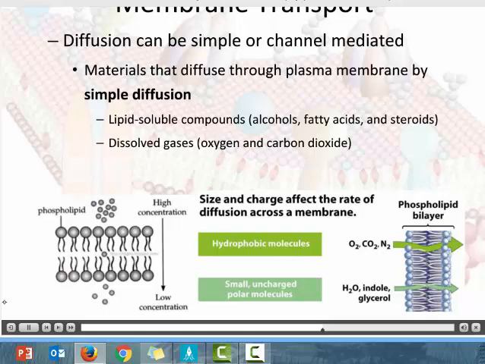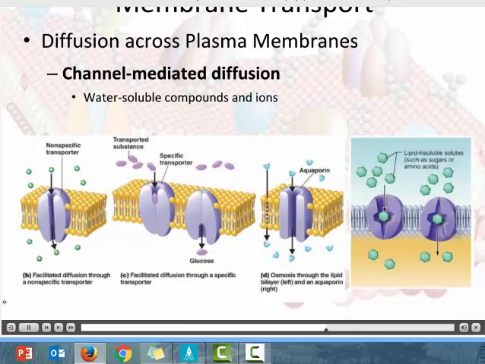So simple diffusion does not require any help to pass across the plasma membrane. Our substances simply move through the middle of our plasma membrane according to their gradient. Diffusion can also be channel-mediated. Channel-mediated diffusion means that our diffusion requires transmembrane proteins.